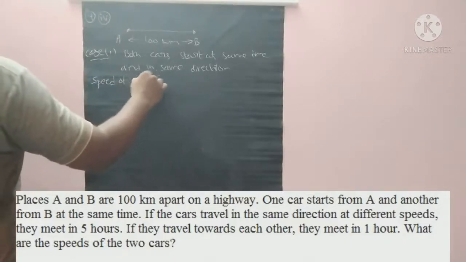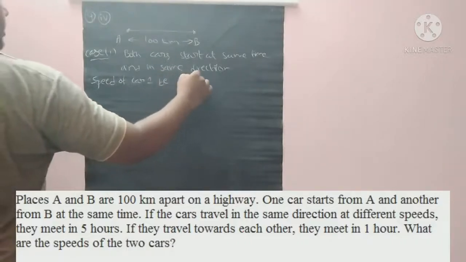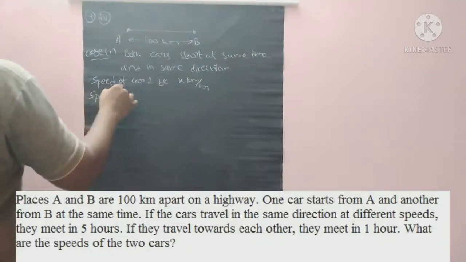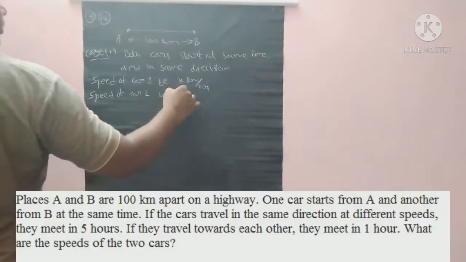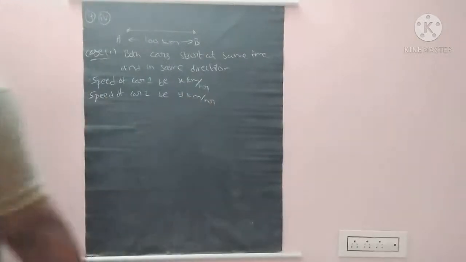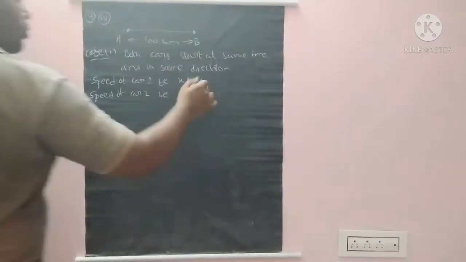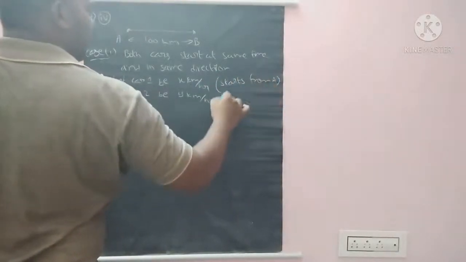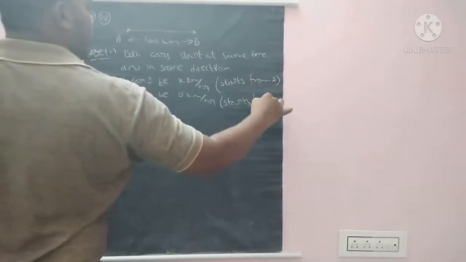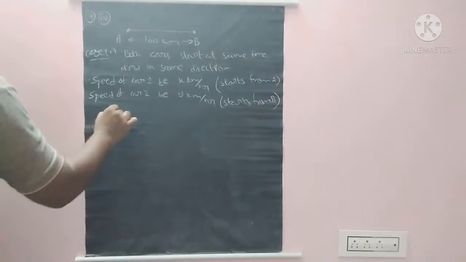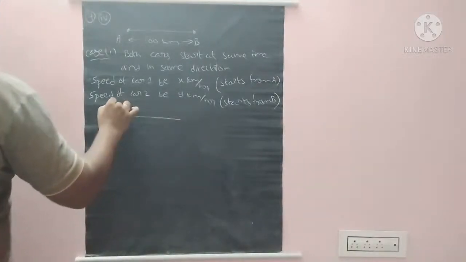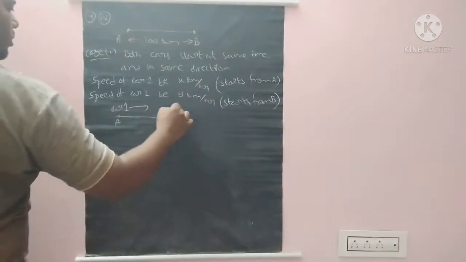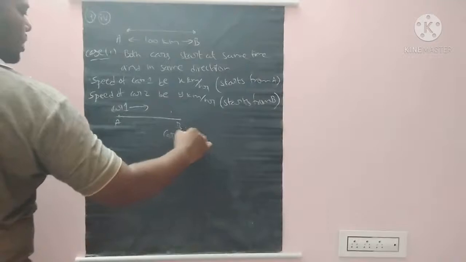So speed of car 1 be x kilometers per hour. Speed of car 2 be y kilometers per hour. So now assume car 1 starts from A. Car 2 starts from B. So now what they are telling means car 1 starts from here, car 2 starts from here.